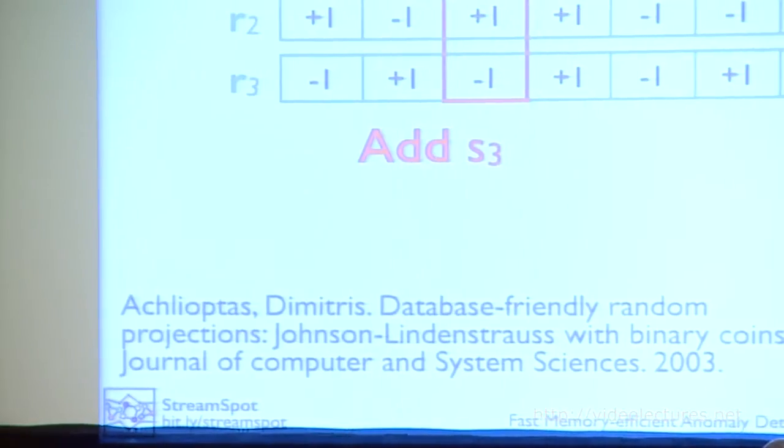And now you can store these functions in constant space, and you also don't need to know the size of your shingle universe. So now let's go back and look at, if we have a new shingle, how do we update our sketch and projection vectors? The way we do this is similar to the way SimHash does it. We take our new shingle, we hash it L times, where L is the number of hash functions, and then we get an update vector that we simply add to our projection vector.